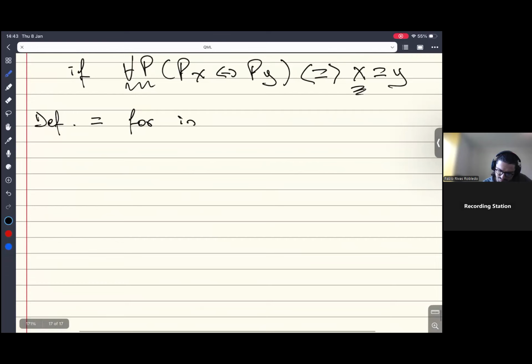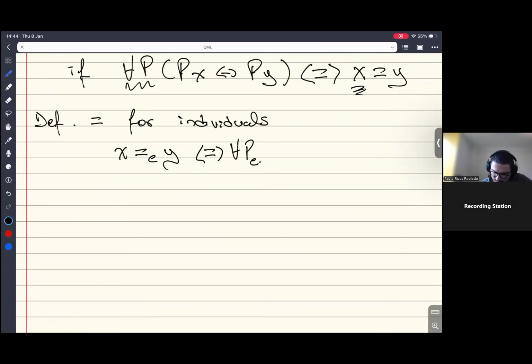Individuals. As simply x is identical at the level of objects to y if and only if for all the properties that are a type higher, they share them.